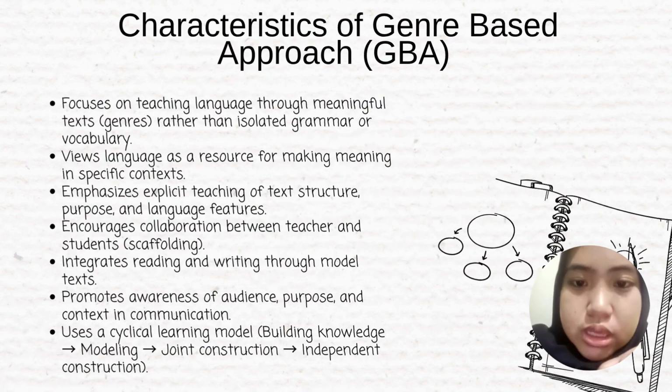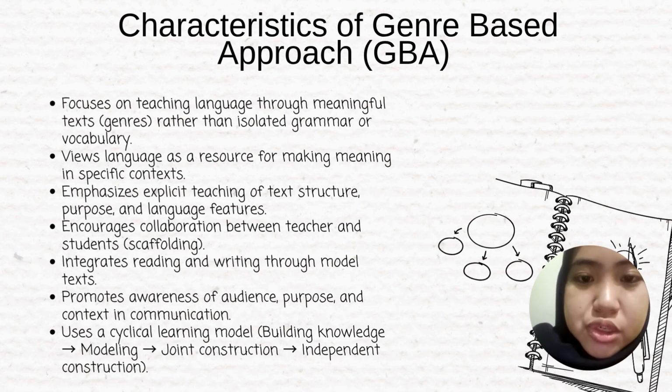Okay, let's continue with the characteristics of the genre-based approach, or GBA. There are main characteristics of the genre-based approach. The first is that it focuses on teaching language through meaningful text rather than isolated grammar or vocabulary. Second, it views language as a resource for making meaning in specific contexts. The third is that it emphasizes explicit teaching of text structure, purpose, and language features.